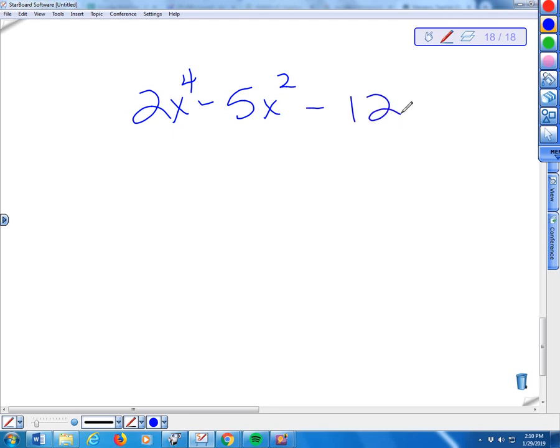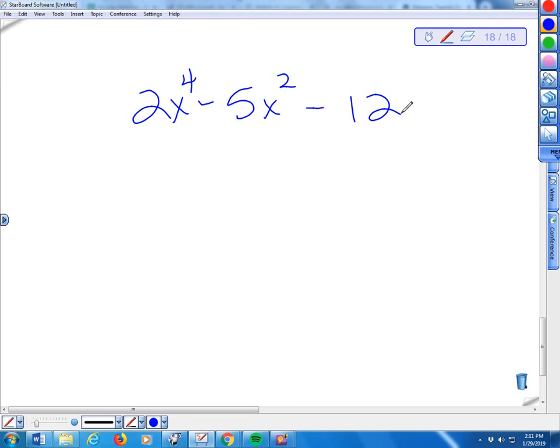Okay, this is not a quadratic. This is a quartic. Its degree is 4 instead of 2 like our quadratics. But because it goes 4, 2, and then the constant, it is factorable like a quadratic.